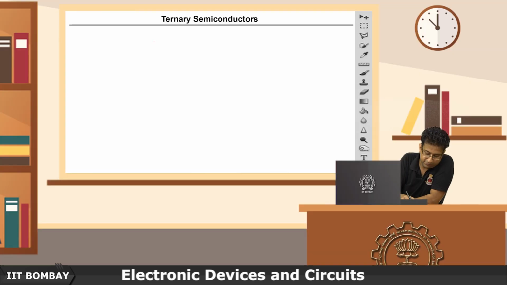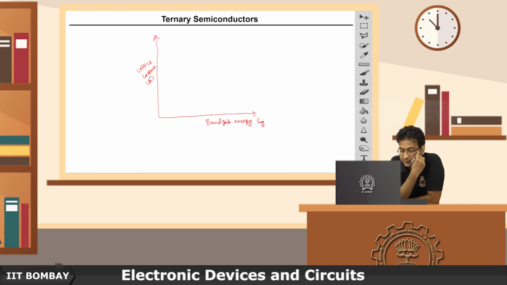So if I just talk about that, let's say on the x-axis I have band gap energy, Eg, and on the y-axis I have the lattice constant in angstroms. For gallium arsenide, the band gap energy is approximately 1.42.